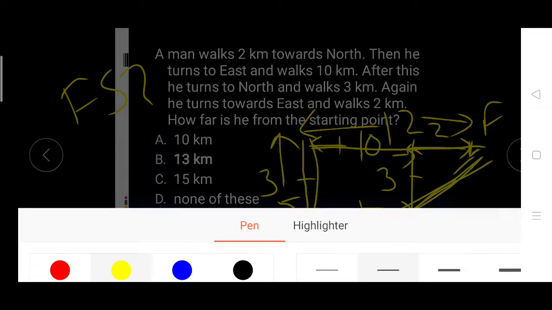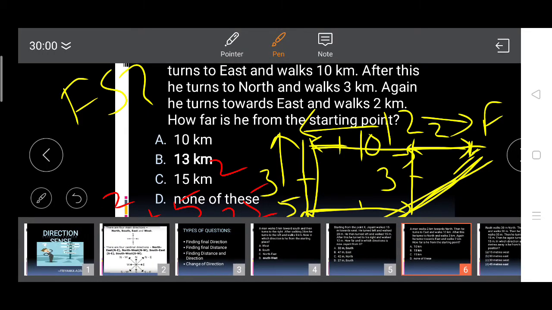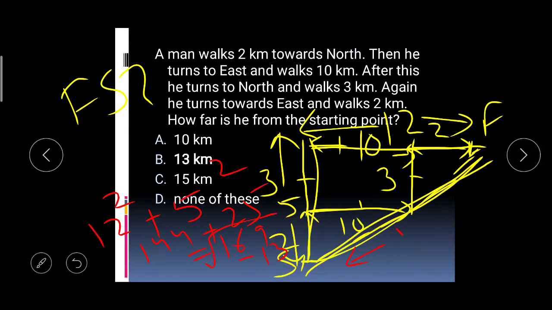So, to find the distance of the hypotenuse, we use the Pythagoras theorem: 12 square plus 5 square, which is 144 plus 25, which is 169. So, the square root of 169 is 13. So, this distance is 13. My answer is 13 kilometers.